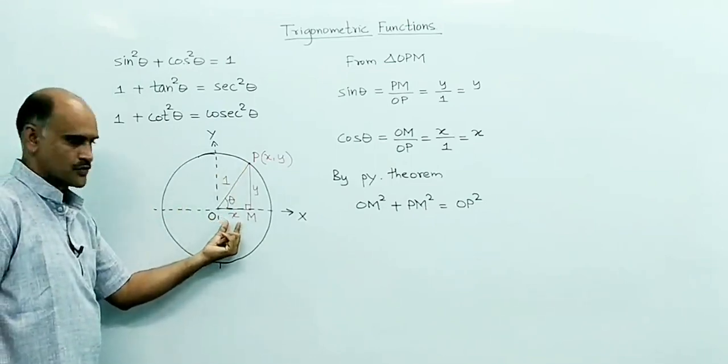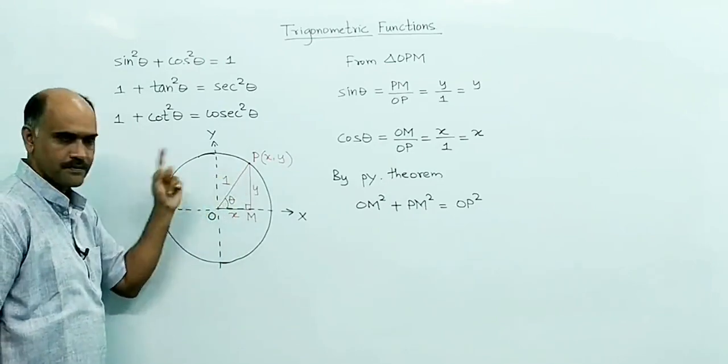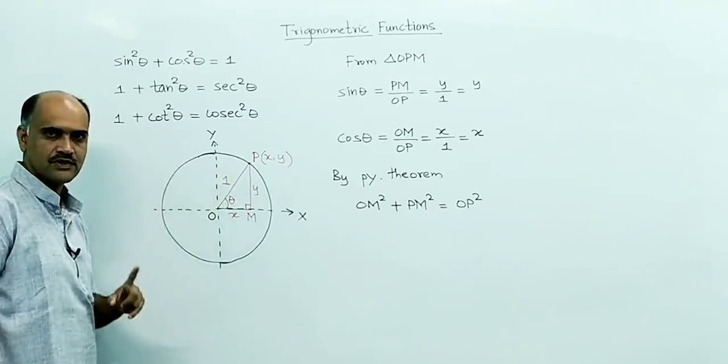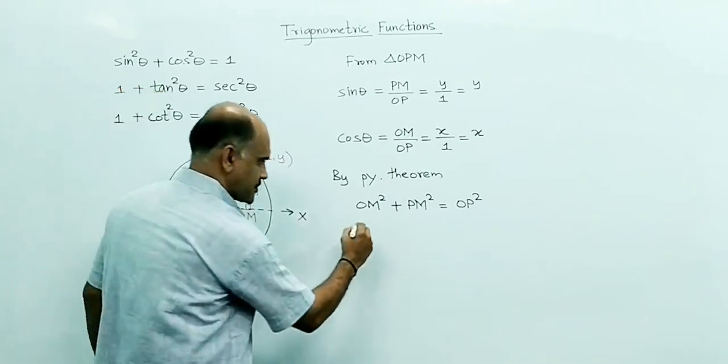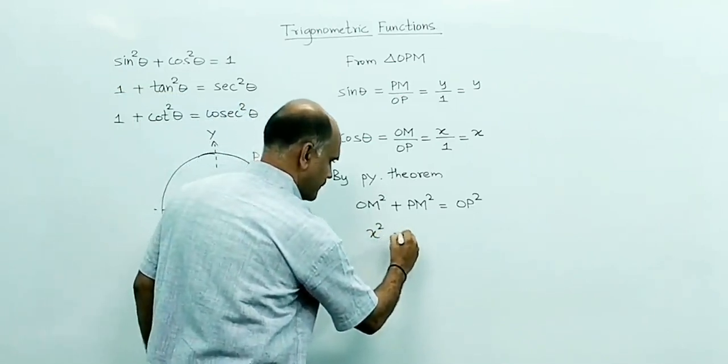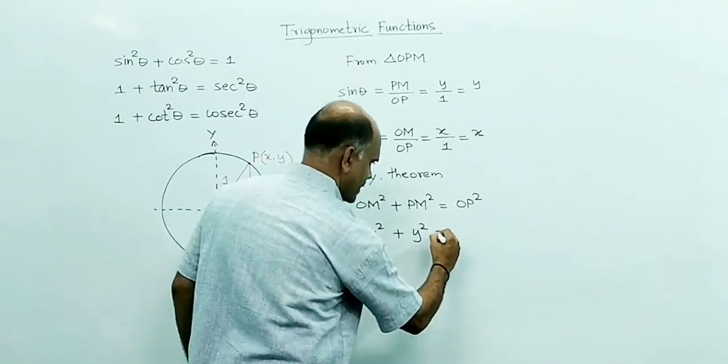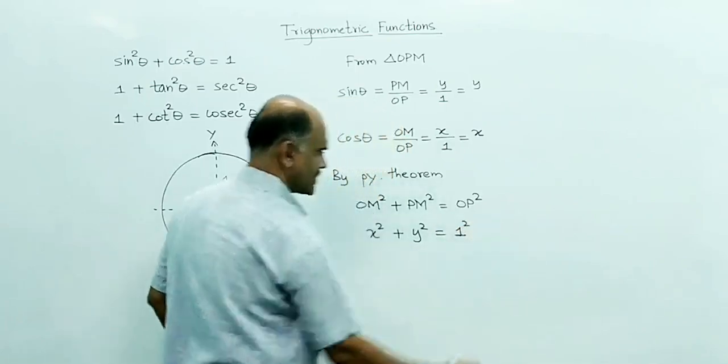Now I will substitute: OM is x, PM is y, OP is 1. So this is x square, this is y square, and 1 square is 1.